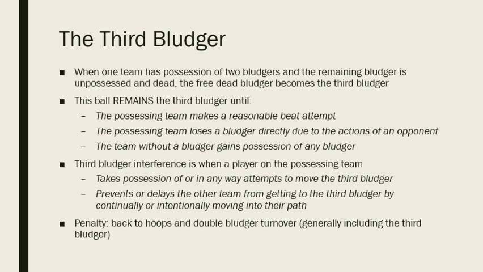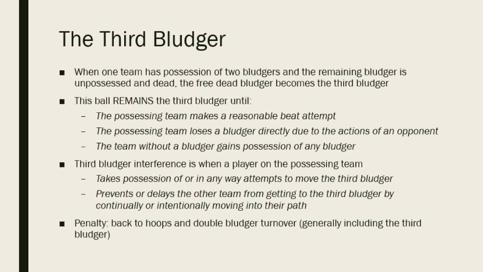And also we've got the word reasonable in there. And reasonable is a really nice word because it means what it is, right? If you throw at someone from cross field and you miss by a literal mile, which is hard on a field, you're going to get pinged for that, because it's not a reasonable beat attempt, and the third bludger is going to still be the third bludger.